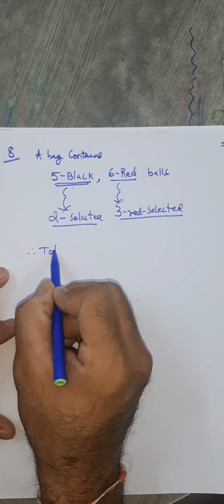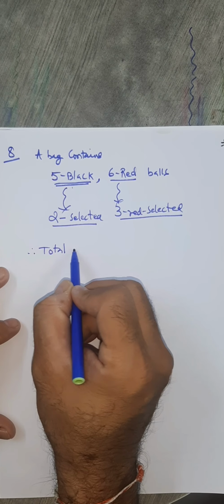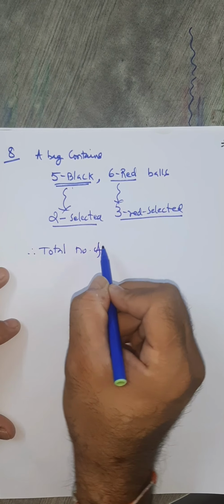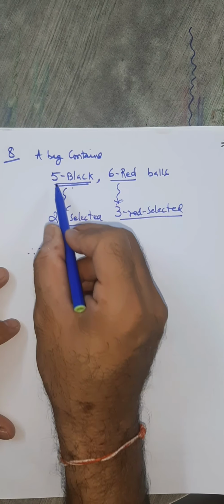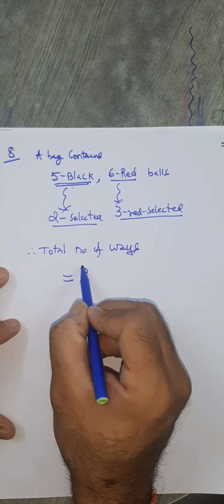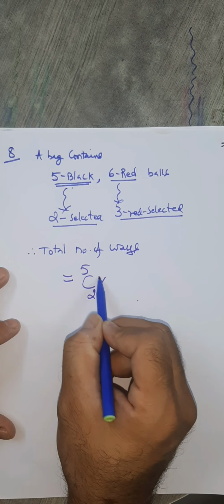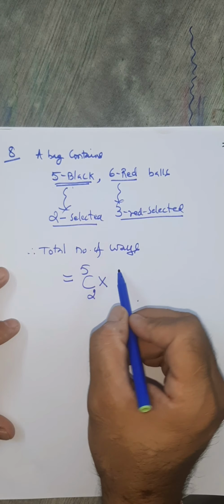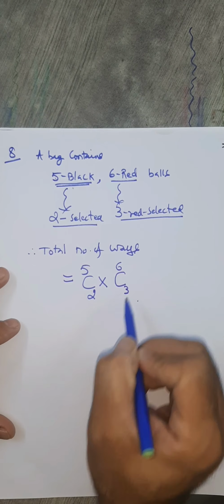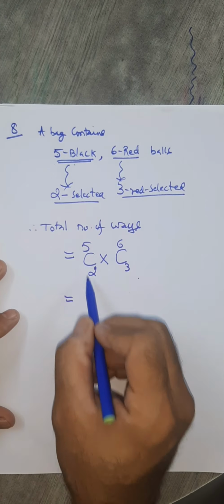So total number of ways equals, from 5 you are selecting 2, so 5C2, and by counting principle, and means into, from 6 you are selecting 3, 6C3. So let's simplify this.